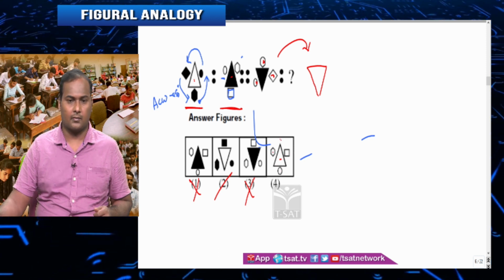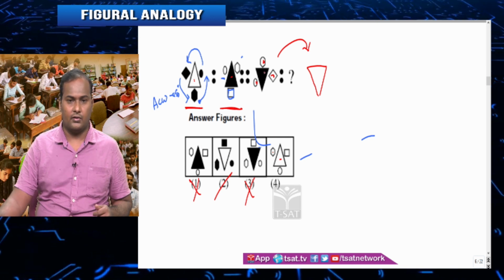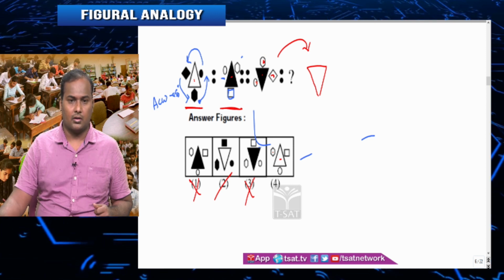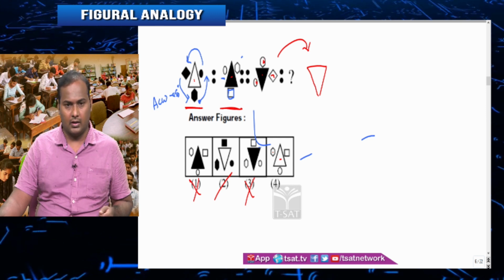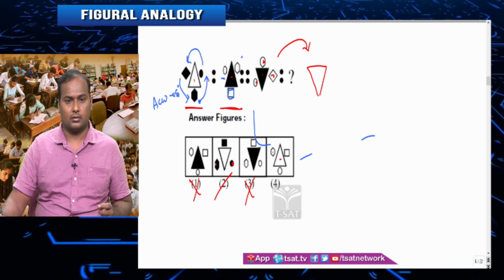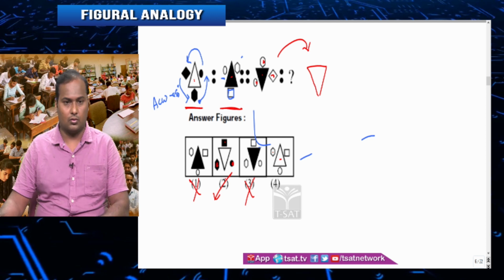Whereas in option 2, only the triangle, which was initially darker, is now lighter, and the outside figures, the circle, hexagon and quadrilateral, are now darker. So that is the reason the answer is option 2.